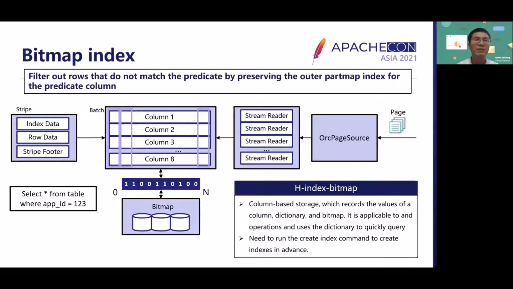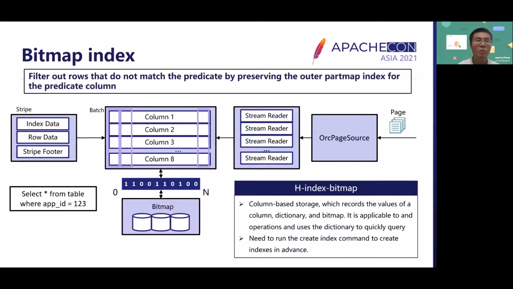As for the Bitmap index, it is a dense index technology that filters out the rows that do not match the predicate by providing a bitmap for the predicate column. Because in column-based storage, which records the values of the column, the dictionary and the bitmap are applicable to operations that use the dictionary to query quickly.